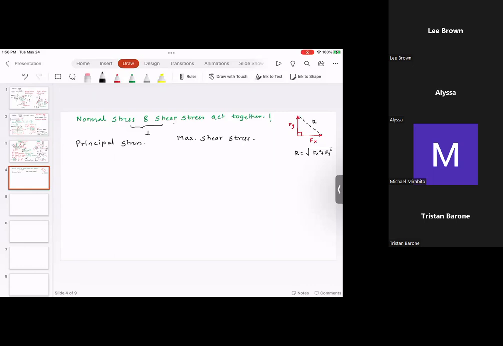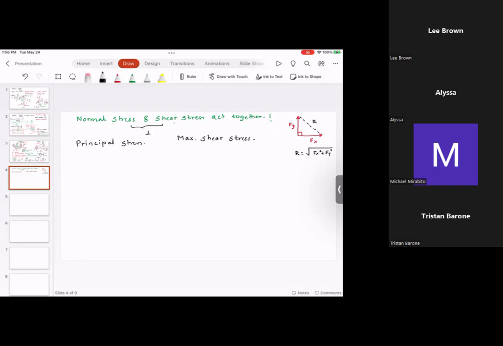So what it means is, when normal stress and shear stress act together, they give rise to a bigger normal stress. And that bigger normal stress is nothing but principal stress. When normal stress and shear stress act together, they also give rise to a bigger shear stress. And that bigger shear stress is nothing but maximum shear stress.